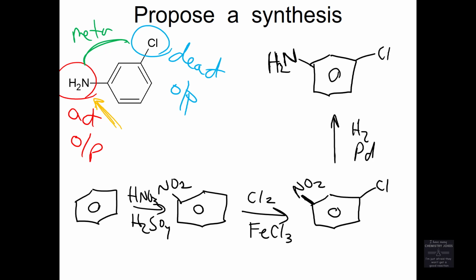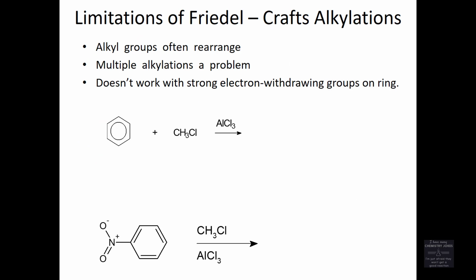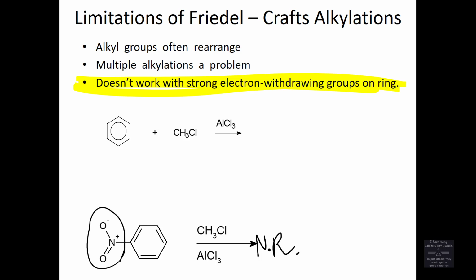One quick note about synthesis. We saw this slide before, but we didn't exactly know what it meant before. This says it doesn't work with strong electron withdrawing groups on the ring. So at the time, we said that meant no reaction right here. No reaction right here. Why no reaction? Because this is a meta director.